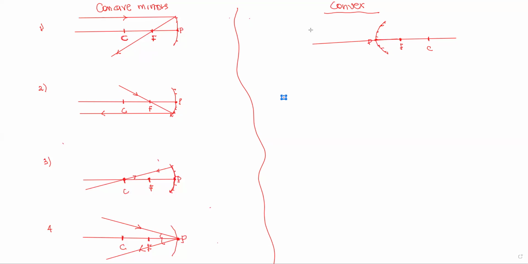So a ray of light traveling parallel to the principal axis, how will it behave after reflection? Yes, class, how will this ray behave after reflection?